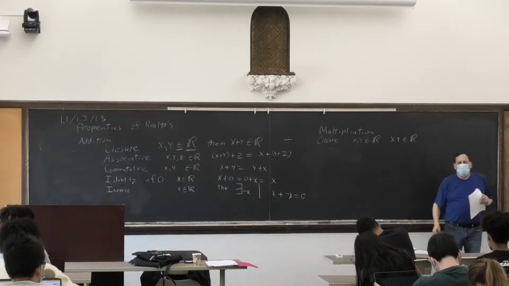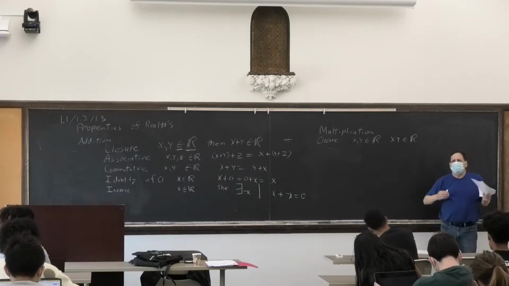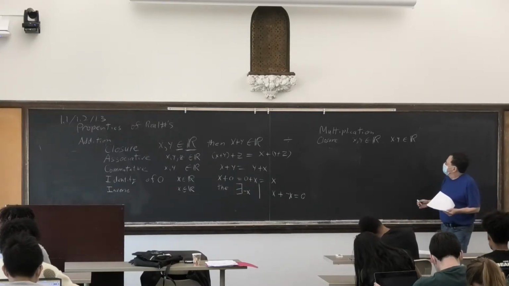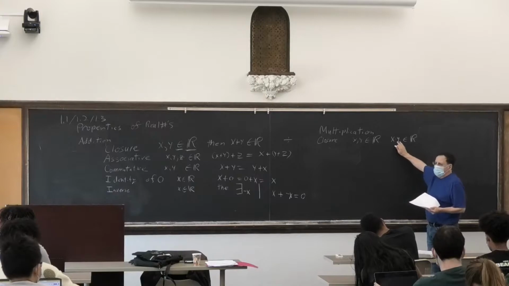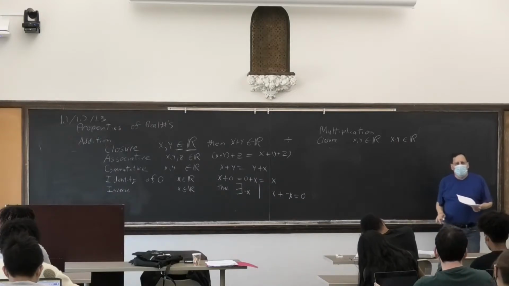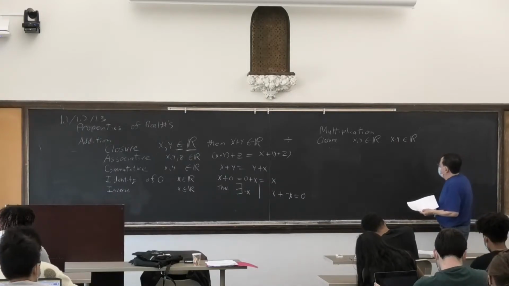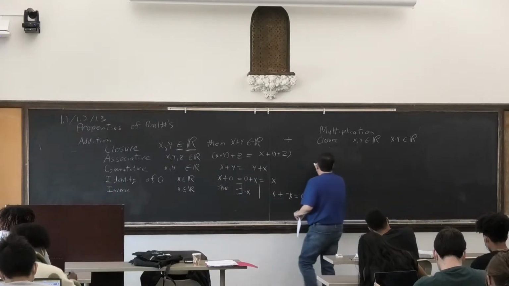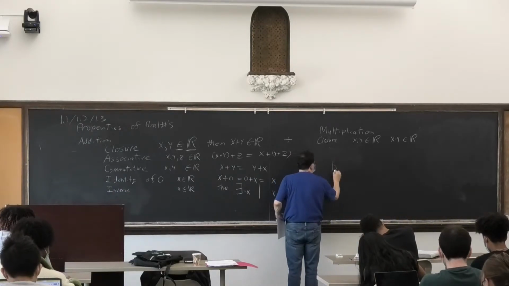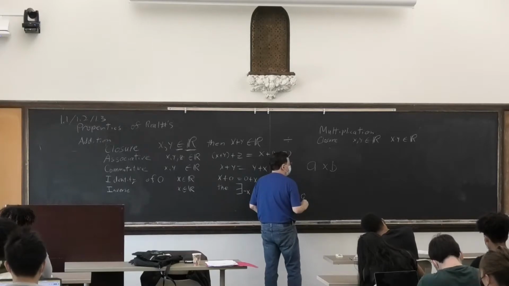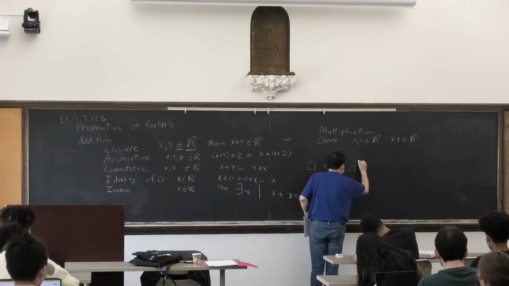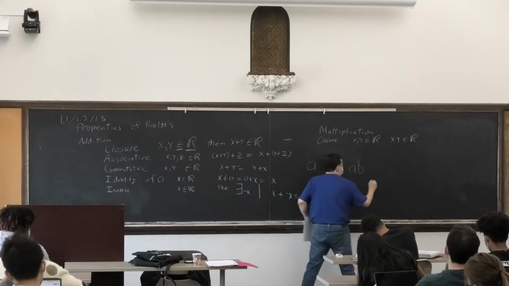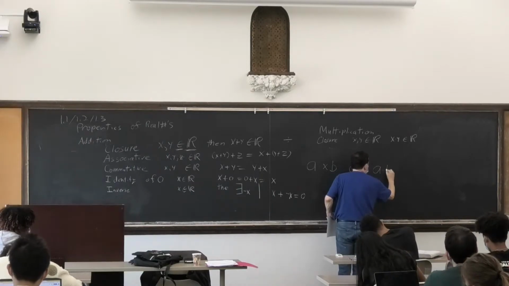This might be a good moment to just point out that multiplication we indicate in so many different ways here. I have a and b, I can say a times b, say ab, sometimes they'll say a dot b.